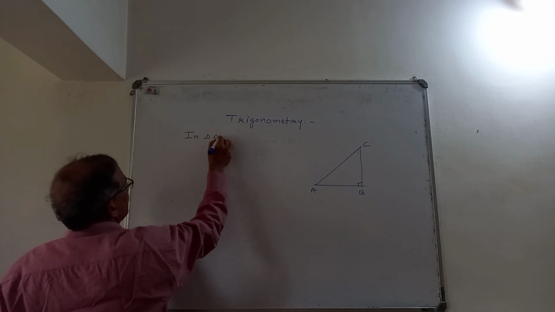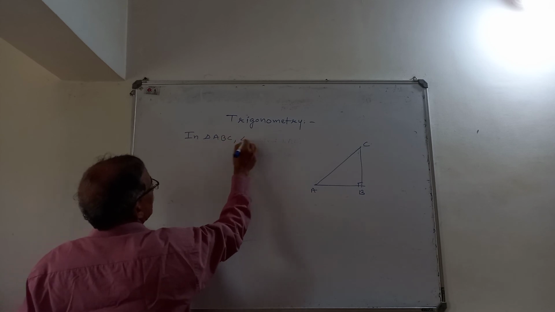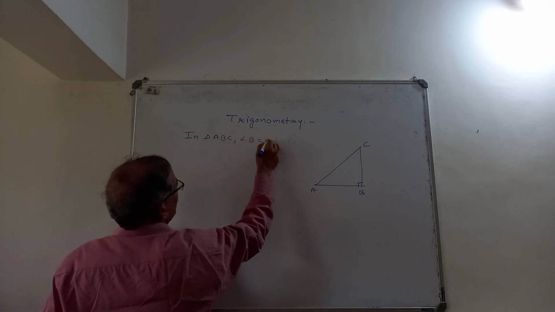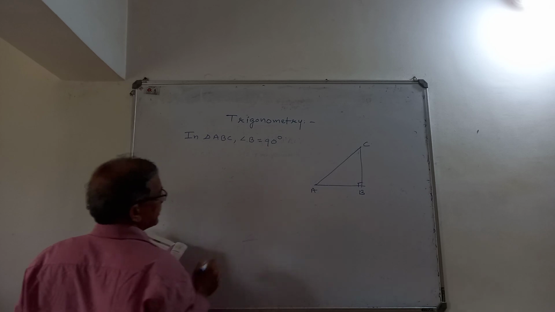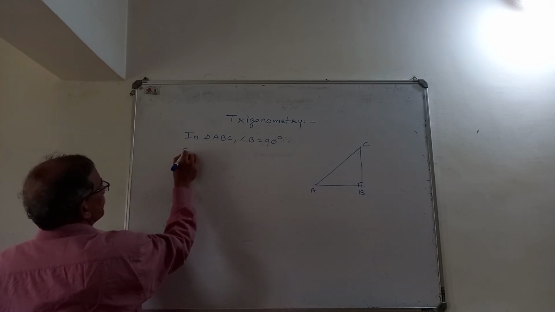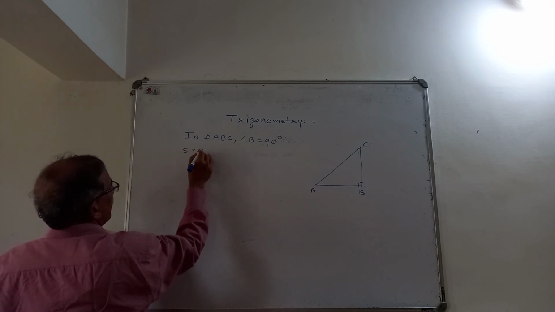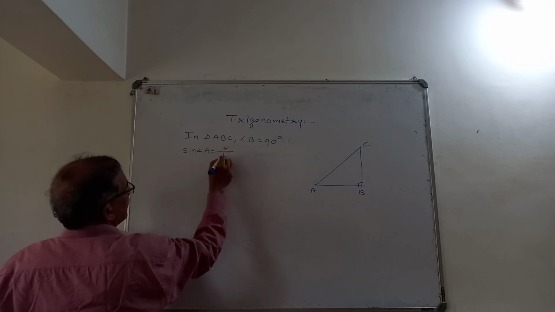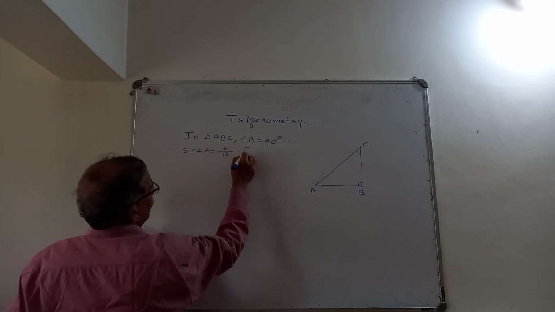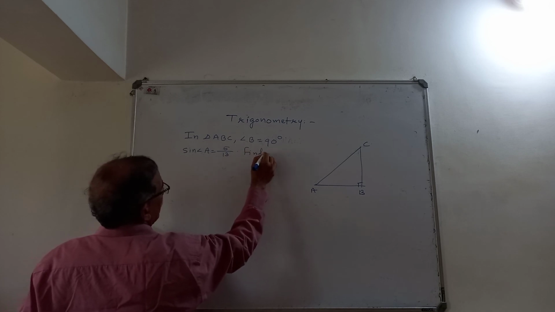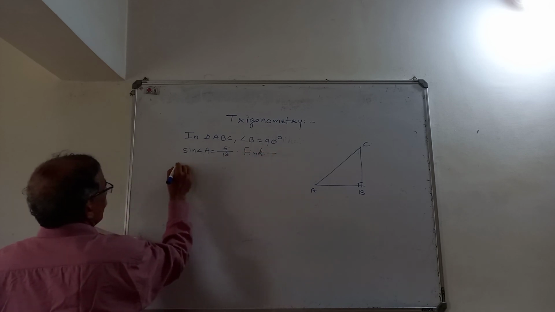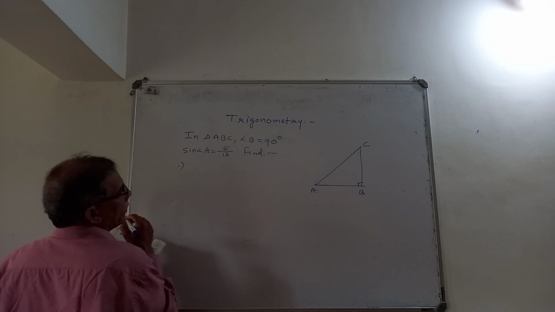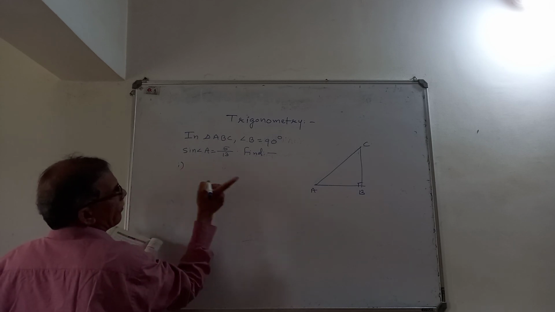In triangle ABC, angle B is equal to 90 degrees. Sin of angle A is equal to 5 by 13. Find: 1. What is given? Sin A, 5 by 13.